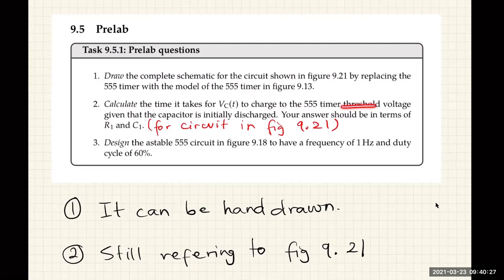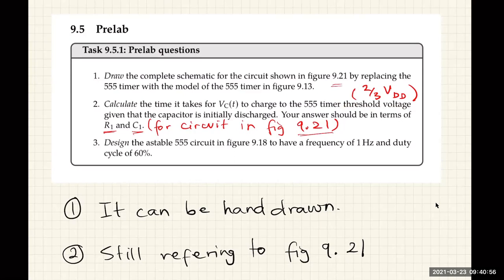So the threshold voltage, meaning whatever is the threshold voltage being compared to, so that's 2/3 of VDD. Okay. And you want that time to be in terms of R1 and C1, obviously, because it's going to be in terms of the time constant tau. Okay, and this question is referring to the circuit in figure 9.21 if it's not clear. So it's still talking about the same circuit.